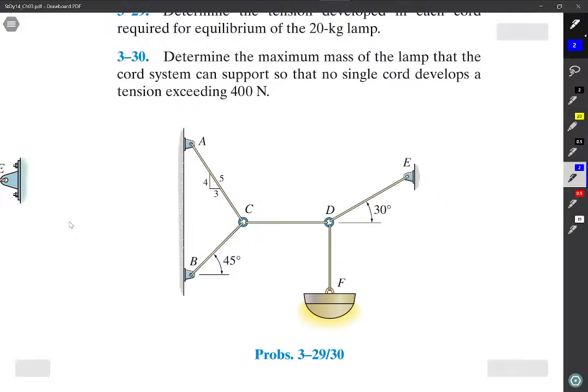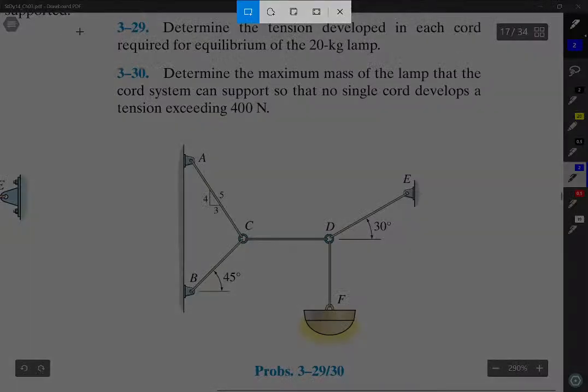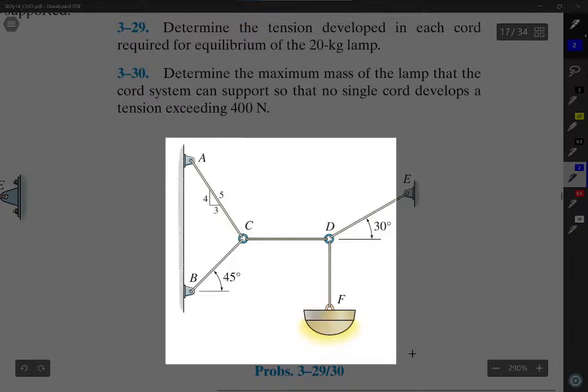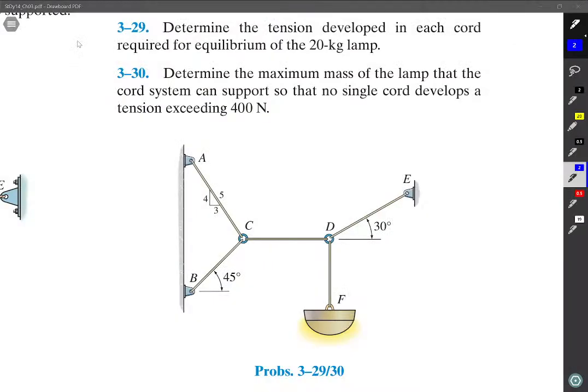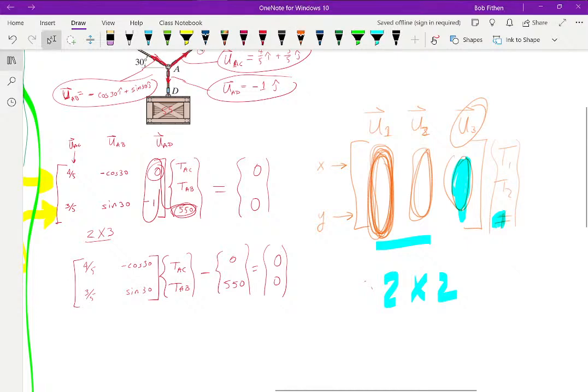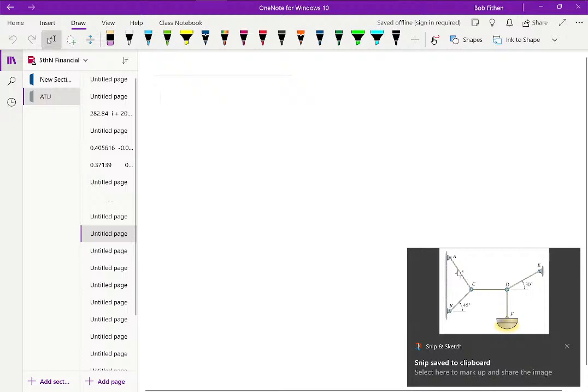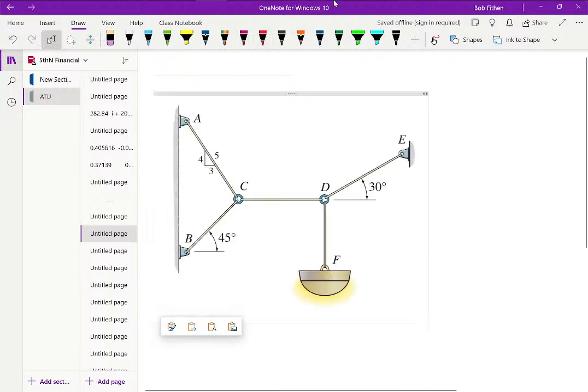Okay, so this is 29 and 30. So I'm going to work off of 29. Okay, there we go. I'm going to work off 29, so I'm going to grab the picture and drop the picture, then go back and get the text.